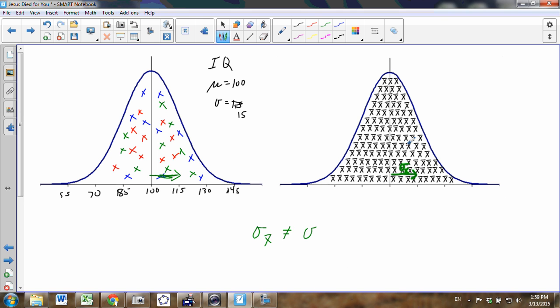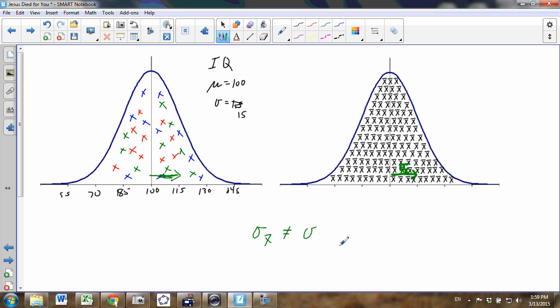These sample means, since they're the average of 10 or however many IQs in this case, won't the average of 10 IQs be closer to the mean IQ, closer to 100, than the individual IQs are? Because the ones on the positive side, on the high side, and the ones on the low side will kind of cancel each other out. So these averages or means will tend to be closer to 100 than the individual IQs because they're averages.